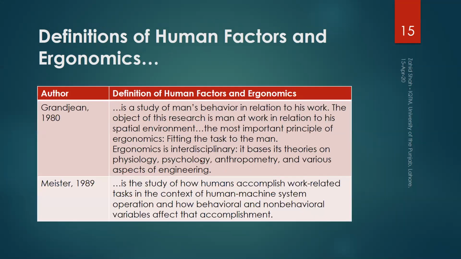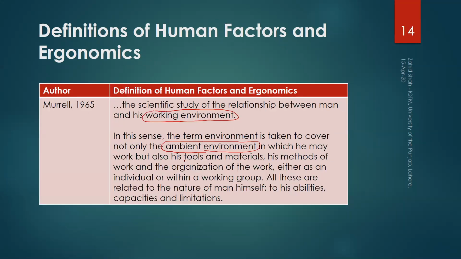So tools, materials, and methods are also part of the environment, as well as organization of the work, either as an individual or within a working group. All these are related to the nature of man himself, to his abilities, capacities, and limitations. This is a very precise definition: ergonomics is the study of the relationship between man, the human, and the working environment.